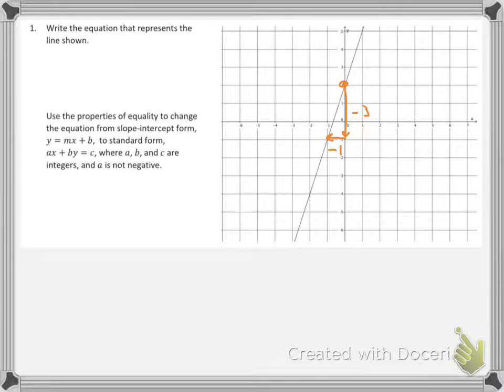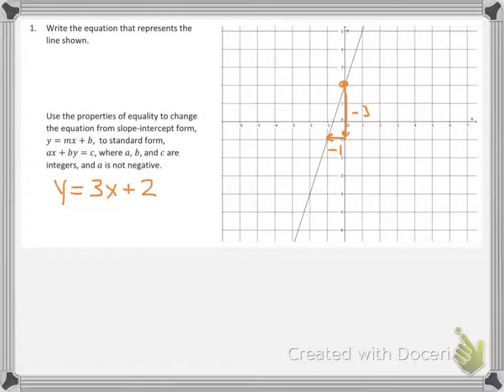And so that's the change in y, -3, over the change in x, -1. And so I get y equals, -3 divided by -1 is +3/1, or just +3x. And then plus my y-intercept, which is 2. So y equals 3x plus 2.